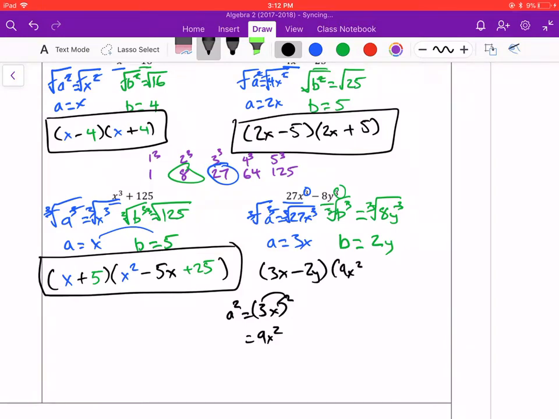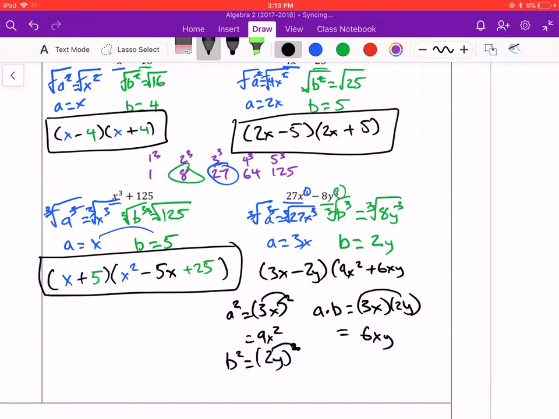And then a times b, so we multiply 3x and 2y. 3 times 2 is 6, x times y is xy, so plus 6xy. And then b squared, which is 2y squared.